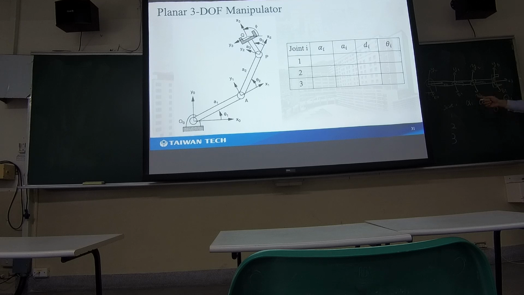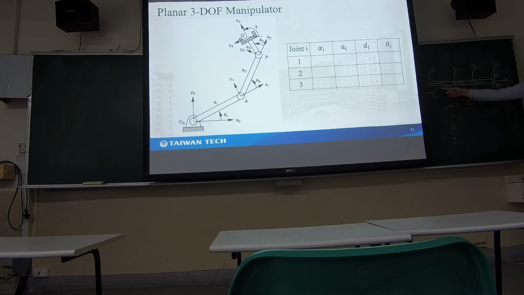And for A1, this is the offset distance between Z0 to Z1 along the X1 direction. So it's A1.